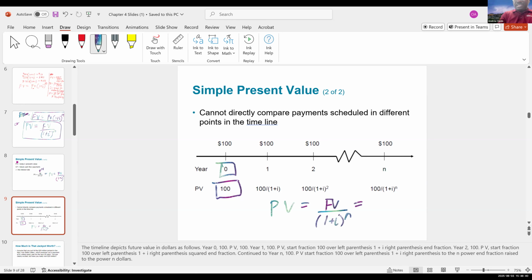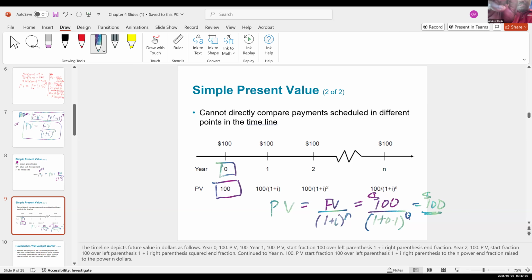The future value is given as $100. That's what you get paid today. But today, n is 0, and any number to the power 0 is 1. You know that. So 1 plus 0.1 raised to the power 0 is going to be 1. So that means the present value of $100 that gets paid to you today is actually $100.